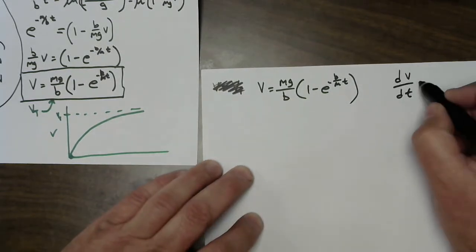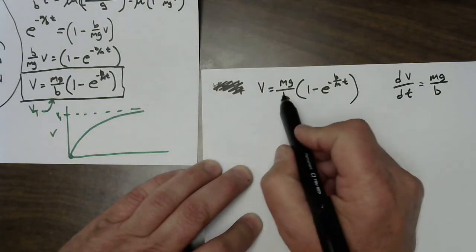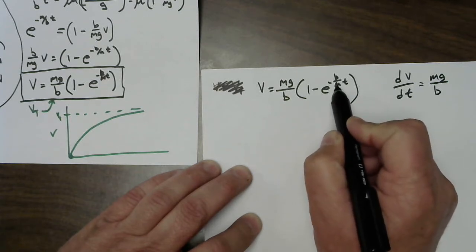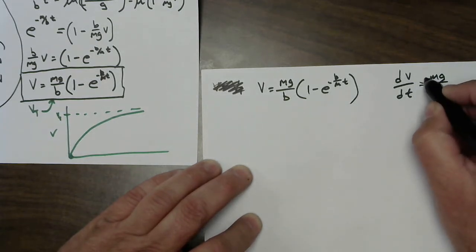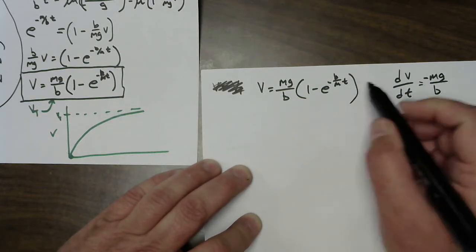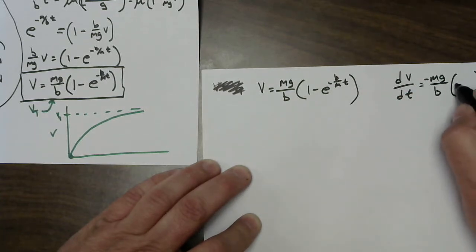So we leave the mg over b alone. Taking a derivative of 1 doesn't do anything. So we have a minus sign and put the minus sign out front. And then we have the derivative of this, which is e to the same thing times whatever's in the top up here, minus b over m.